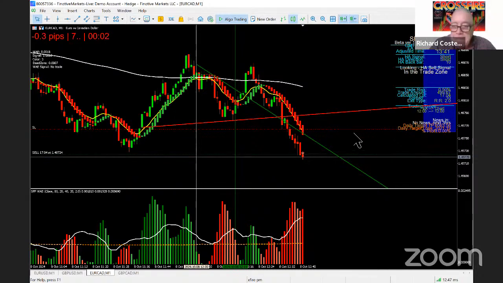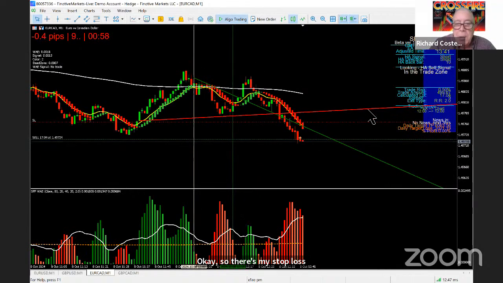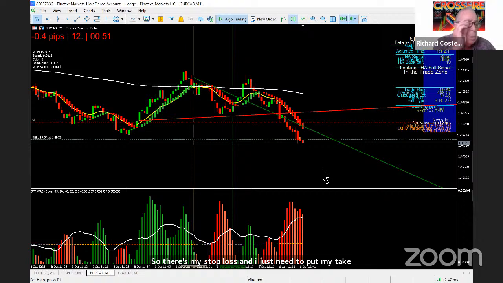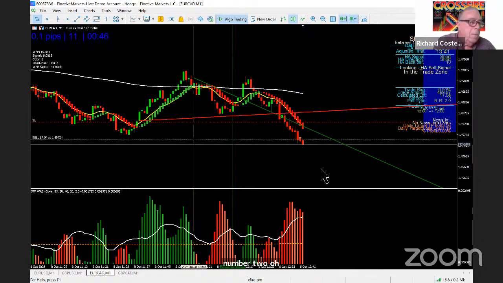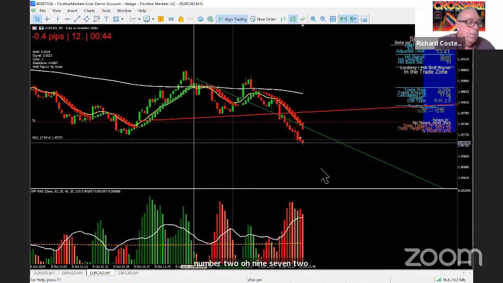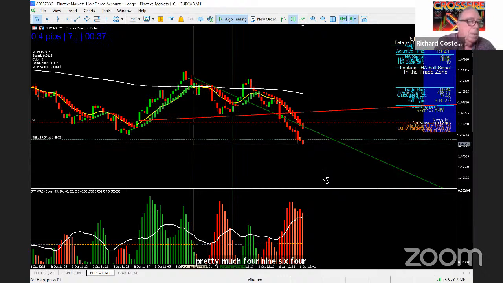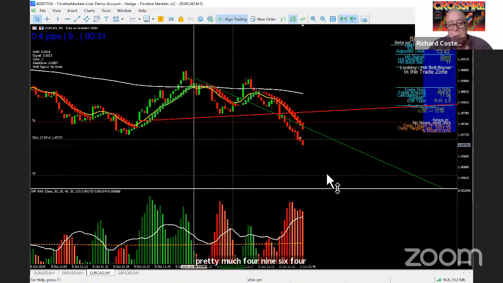Sorry, say again. So there's my stop loss, and I just need to put my take profit in now. So take profit will be under 4972, 4966, 4964, 4966. Okay, so I've now got my take profit there.